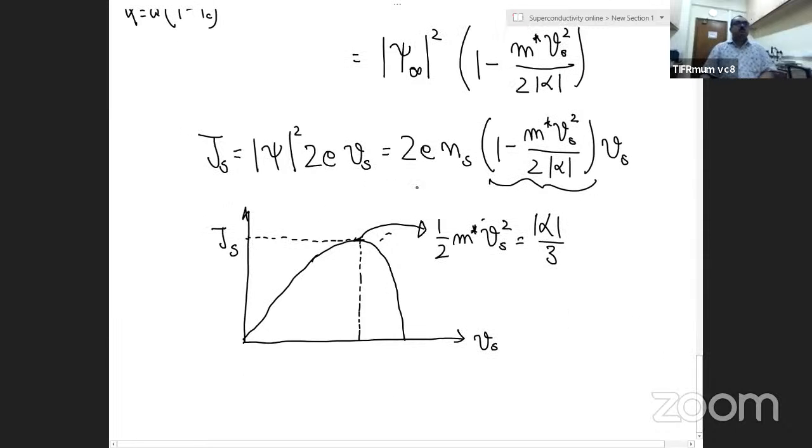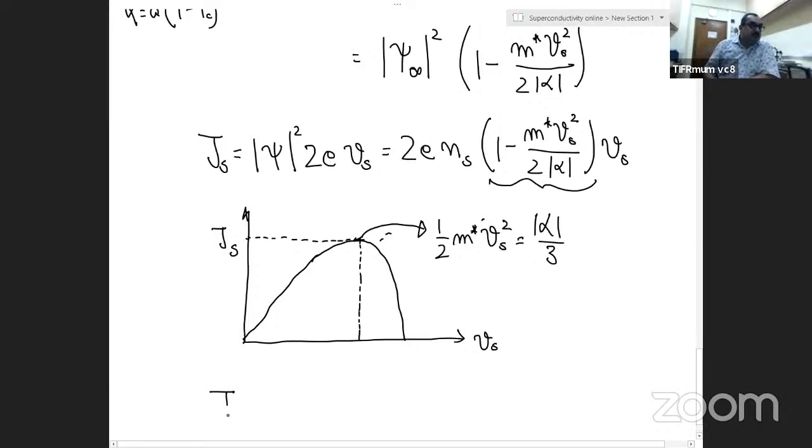Okay, so just maximize this function, find where the derivative is 0 and you will get this. That it will be cube, you can immediately figure out from the fact that when you differentiate this with respect to Vs, the first term will give you 1 and this is a cubic term, so there will be a 3 that will come out, and therefore this is rather elementary.